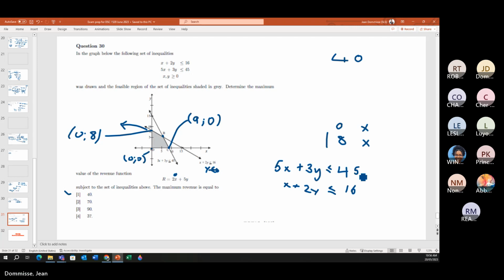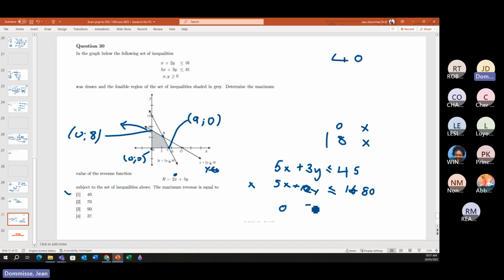What's the easiest way here? I multiply the bottom one by 5, then it becomes 5x plus 10y, and 16 times 5 is 80. Then I say this one minus that one, so I get 0 for x.